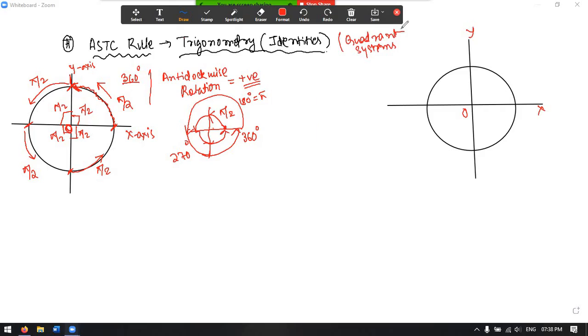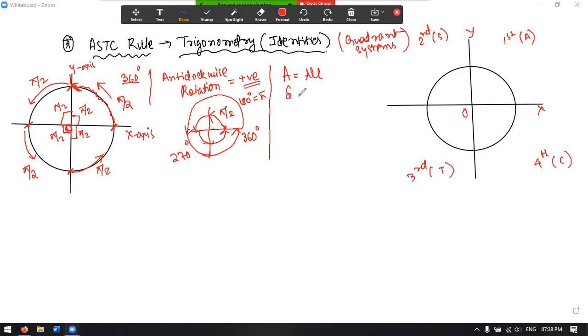We are here to learn about the quadrant systems and how to tackle them in the examination. The first quadrant will be A, the second quadrant will be S, the third quadrant will be T, and the fourth quadrant will be C. So what is A? A stands for all trigonometric values.